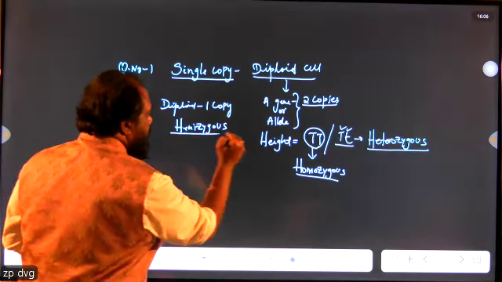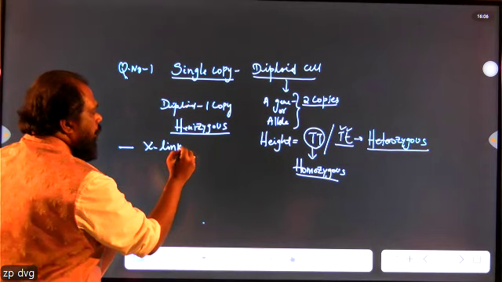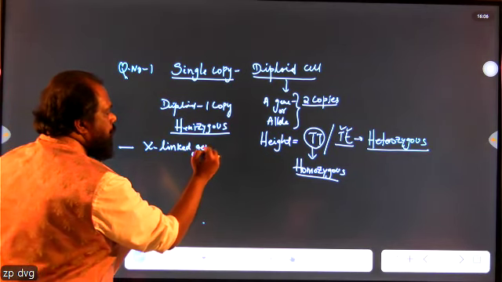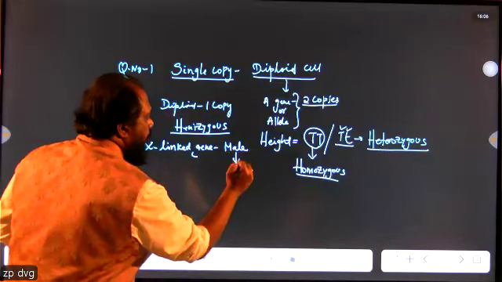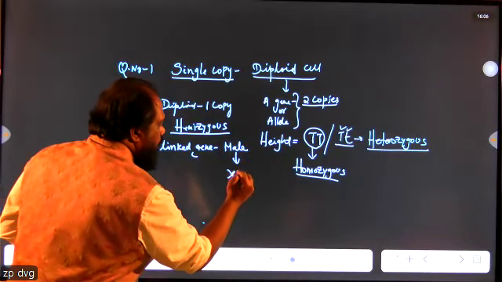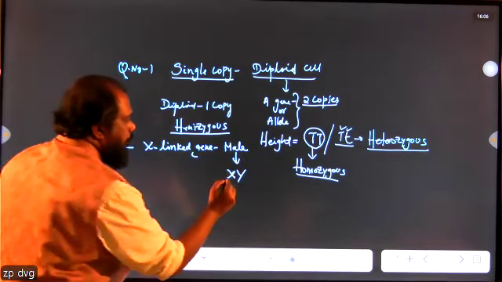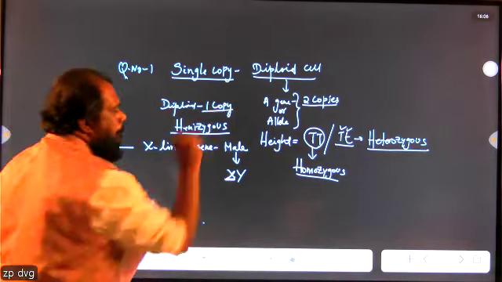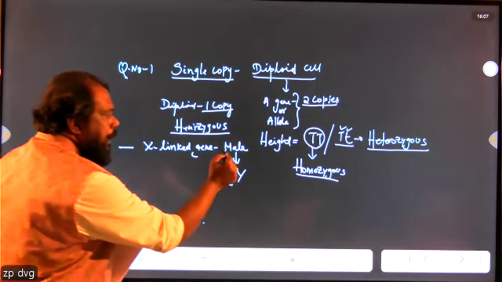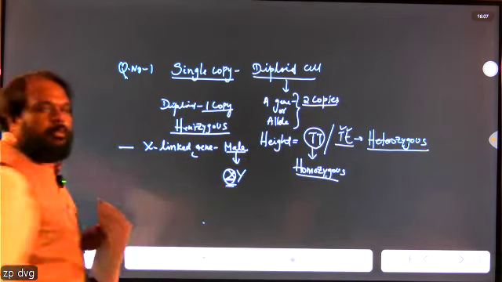You will find this condition in X-linked genes in the case of males. Hope you remember, in male there is only one X chromosome and a Y chromosome. The gene which is present in the X chromosome will have only one copy, because the male has only one X chromosome.